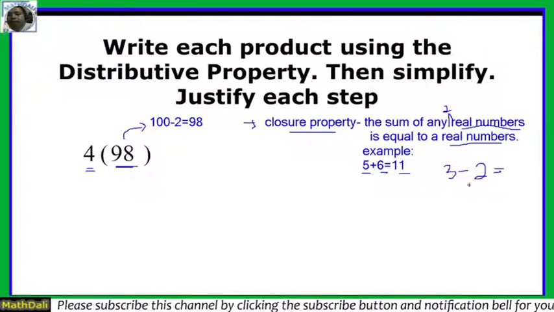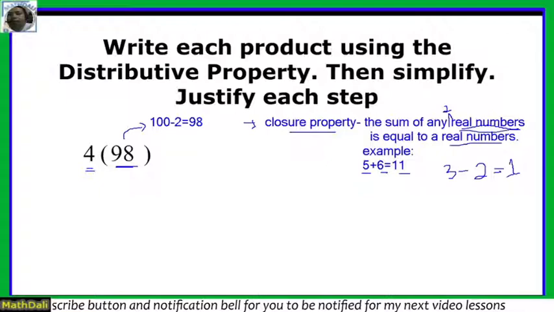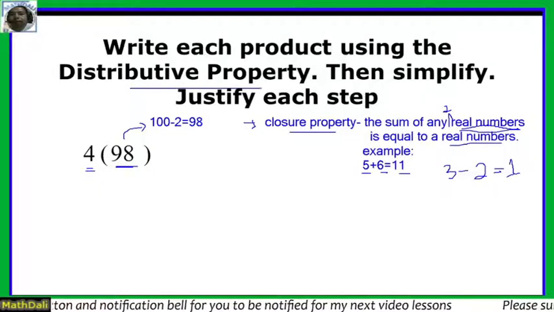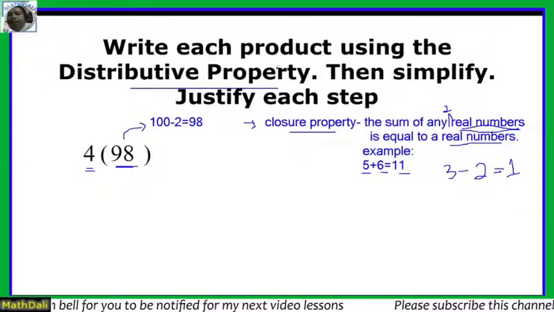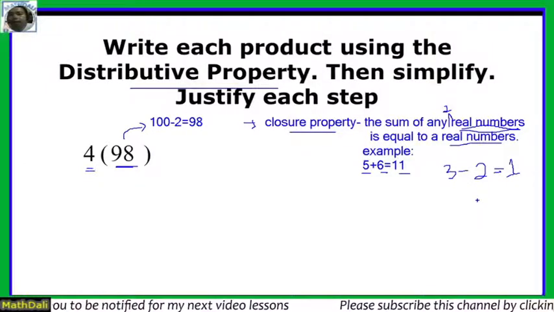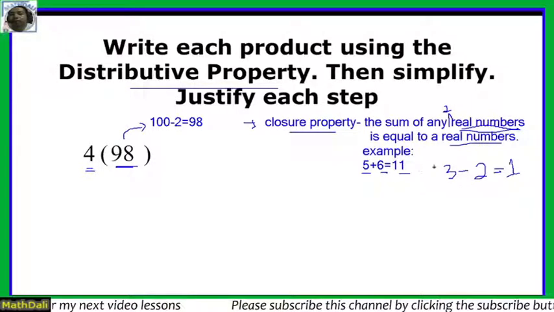Itong dalawang to ay parehas na integers. Dapat ang sagot niyan ay integers pa rin. So, kaya ang ginamit ko dito, real numbers na lang, inline dun sa ating lesson na property ng ating real numbers. So, ganun din sa ating integers.